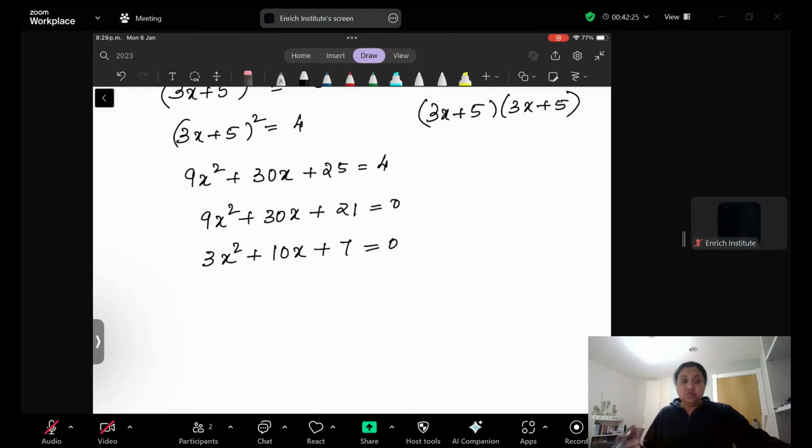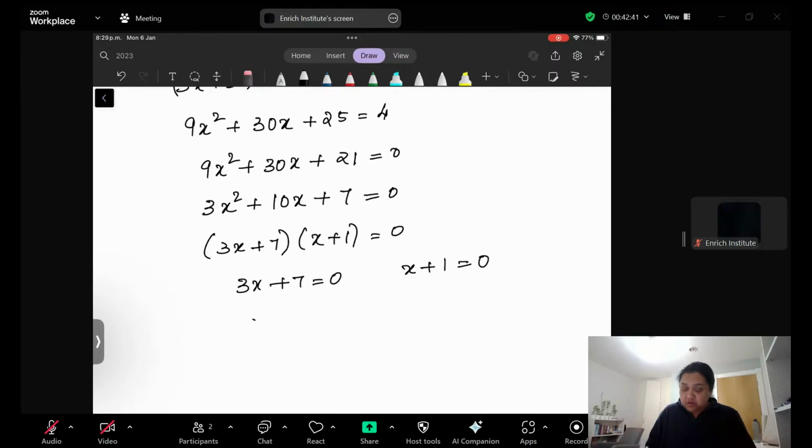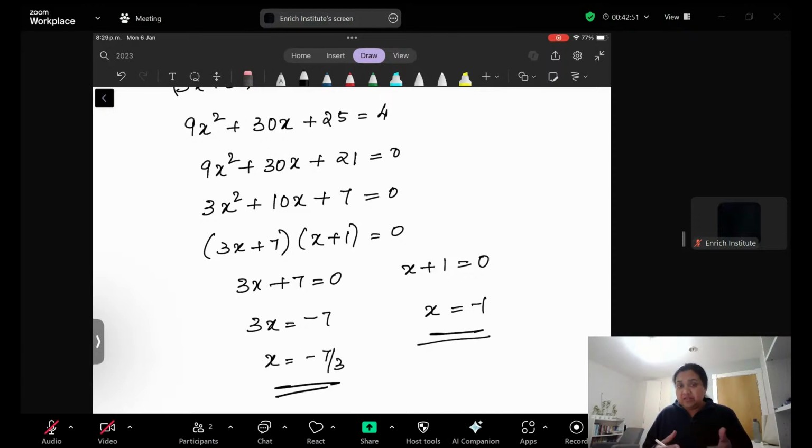Any method works, and you will get 3x plus 7 into x plus 1 is equal to 0. Then 3x plus 7 is equal to 0 and x plus 1 is equal to 0. So x is equal to minus 1, and x is equal to minus 7 over 3. I'm going over this a bit faster because these are things we know. If you know a quadratic, you will be able to solve it. You just factorize it and solve it.